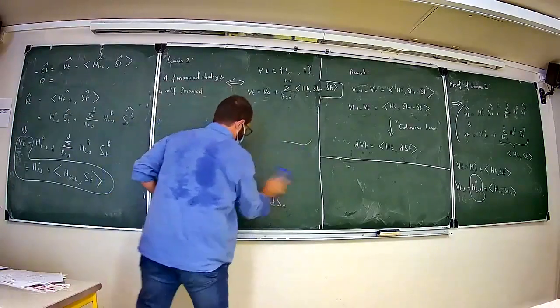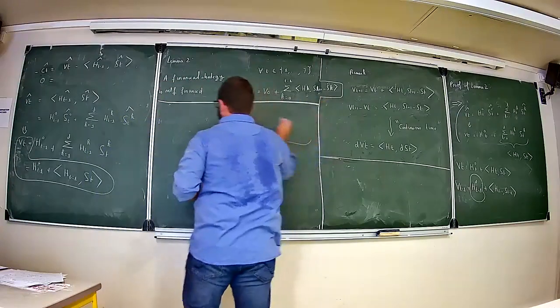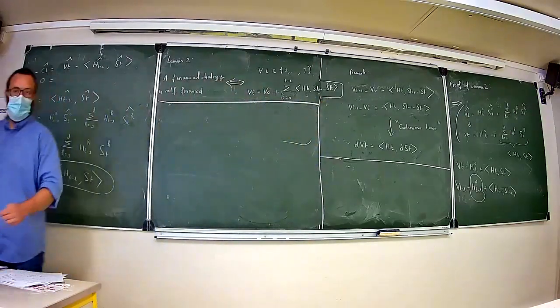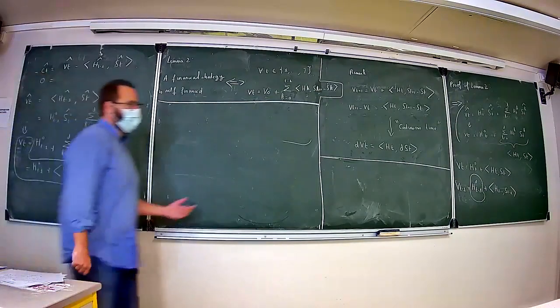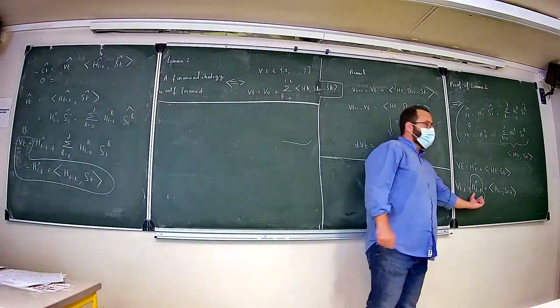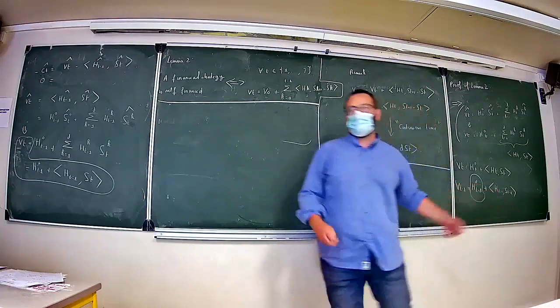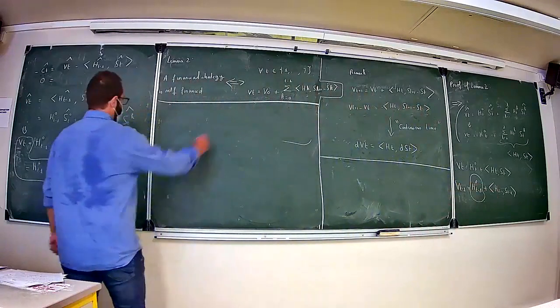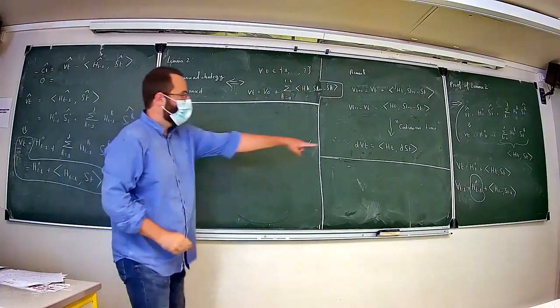I keep the statement on the board here, but I continue my proof below. So here I have H0 t minus 1. I use the expression obtained here, that is Vt minus 1 minus the scalar product here. And so if I do this, Vt is equal to what?